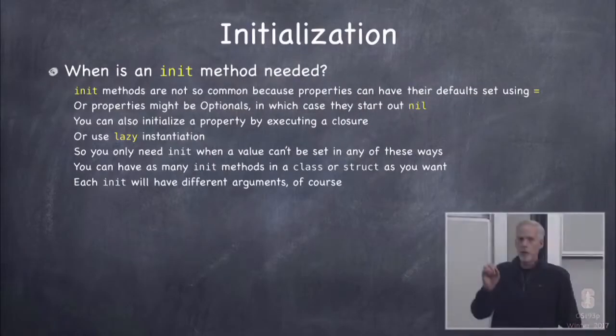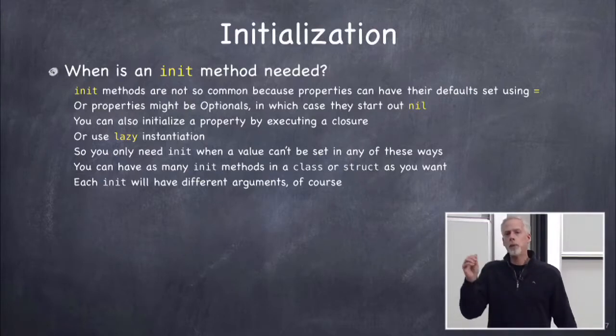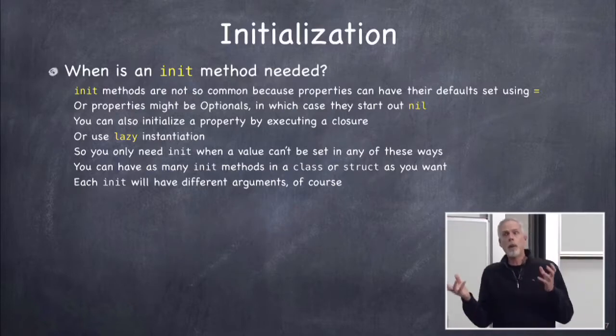All right, initialization. So initialization is very complicated. You're going to have to read the reading assignment on it eventually. I'm going to give you the really fast highlights of it. Okay? Init methods, again, we can have them on classes or structs. They are used to initialize any of the properties that we didn't initialize with equals or using lazy or they were optionals.